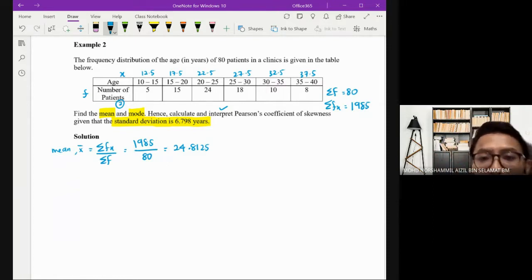Don't keep rounding off. Okay, so mean done.